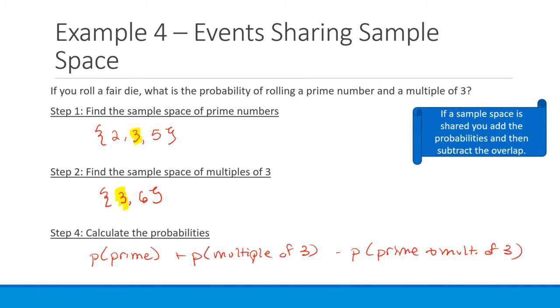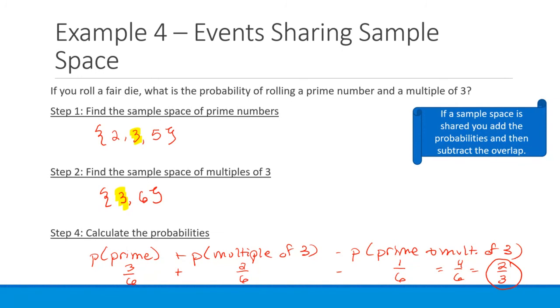So we have 3 numbers that are prime out of 6, so it's 3 over 6, plus, and then multiples of 3, there are 2 of them, 2 out of 6. And then we're subtracting, there's only 1 number in both, 1 out of 6. So you have 3 out of 6 plus 2 out of 6 minus 1 over 6. 3 plus 2 is 5 minus 1, that's 4 over 6, which reduces to 2 over 3.